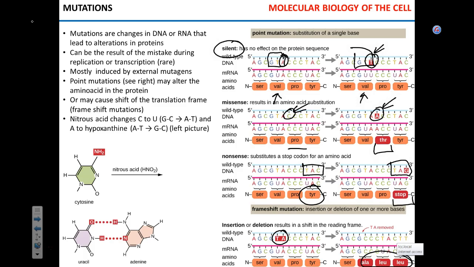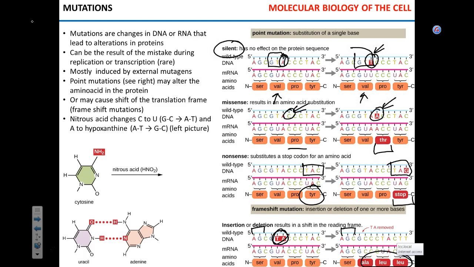Now, if you remove 2, then the next codon will start from the wrong nucleotide. Does that make sense? Essentially, mRNA is read in frames. You read by 3 letters. First 3, second 3, third 3. If you remove these 2, your first codon is going to be the same, AGC.